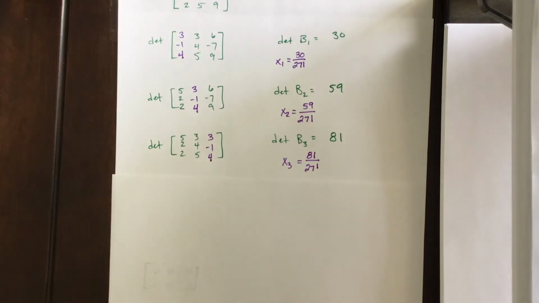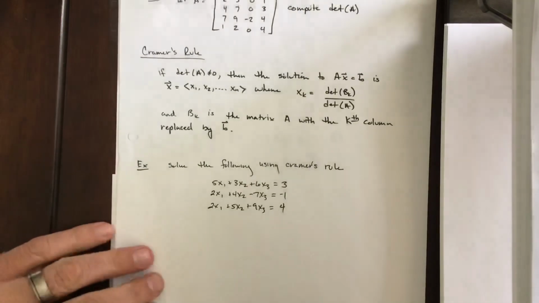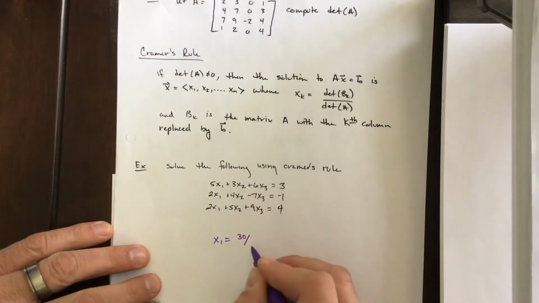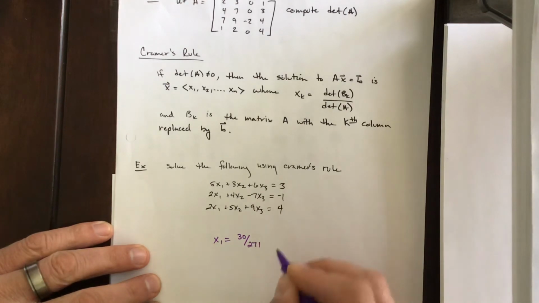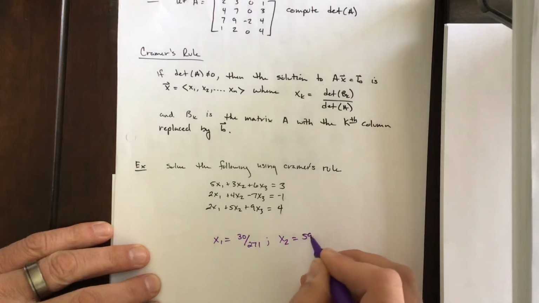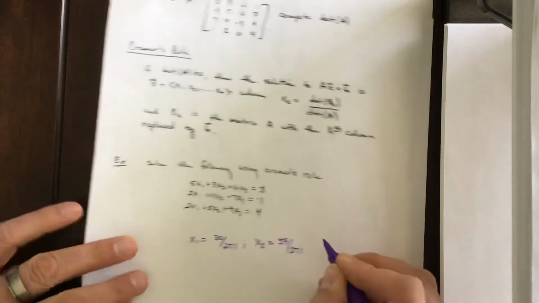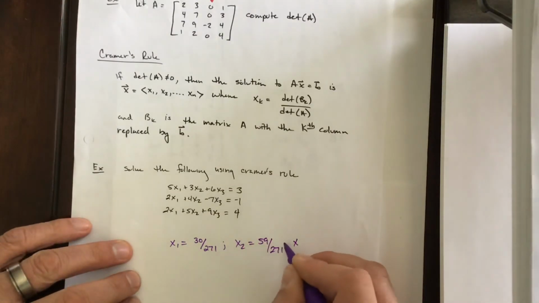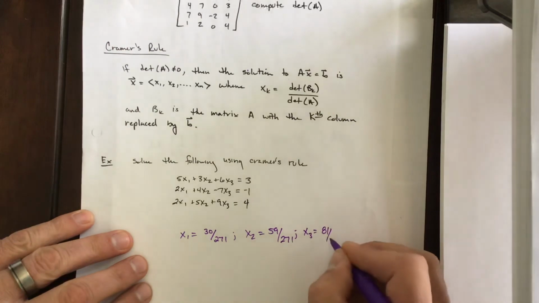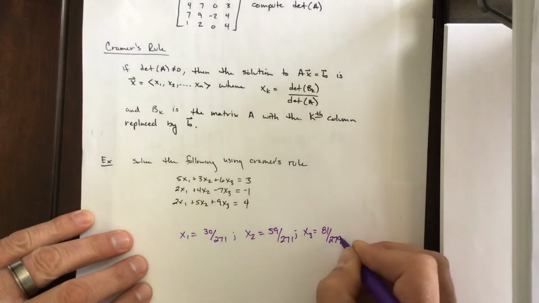So the solution to the system of equations is x1 equals 30 over 271. x2 is equal to 59 over 271. And x3 is equal to 81 over 271, sorry.